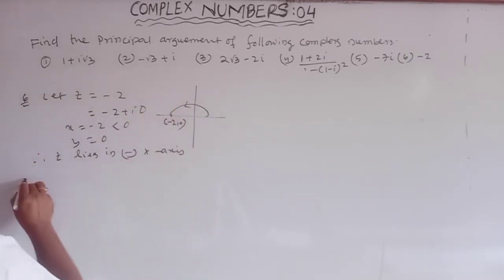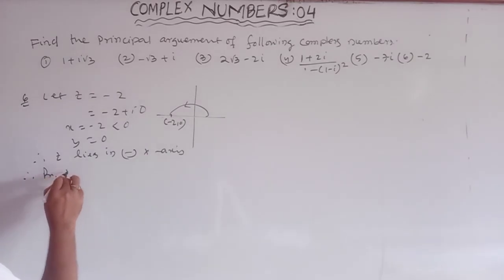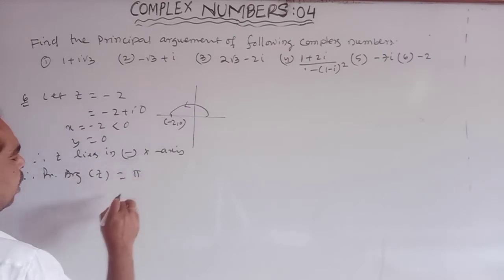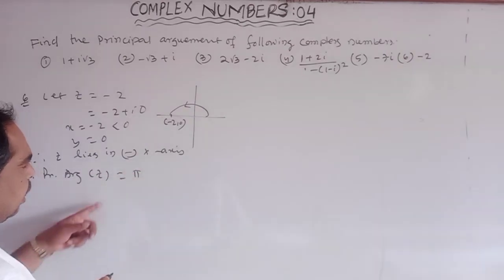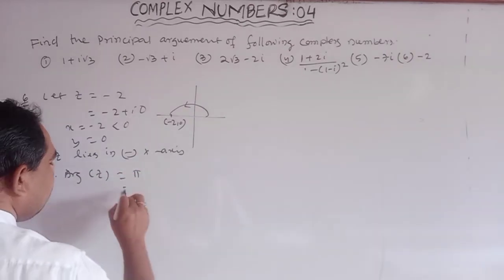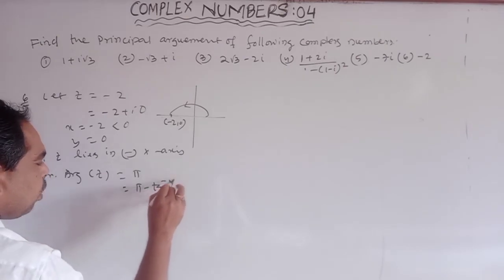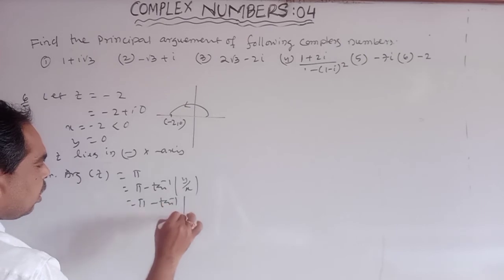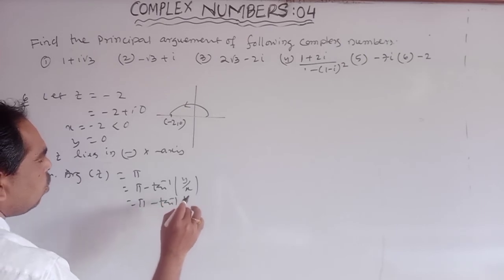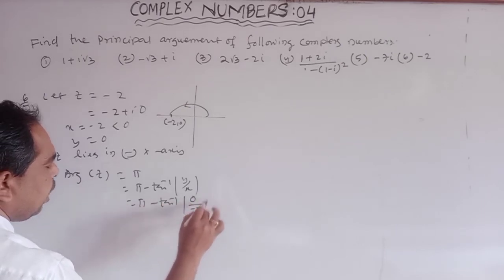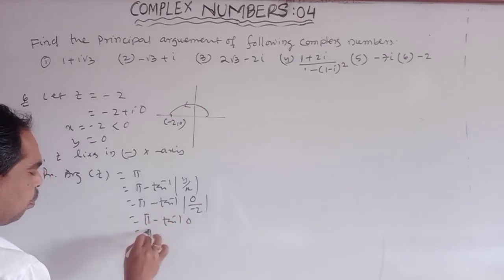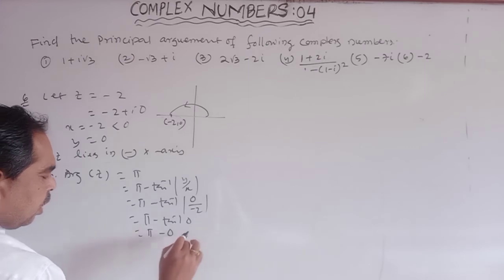Therefore the principal argument of z is equal to pi, or pi minus tan inverse of mod y by x. Here y is equal to 0 and x is minus 2, so pi minus tan inverse 0, so pi minus 0 is equal to pi.